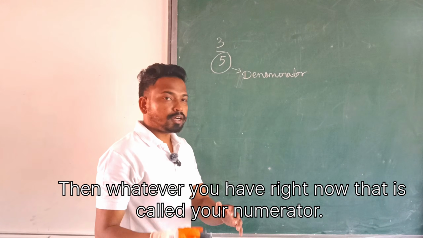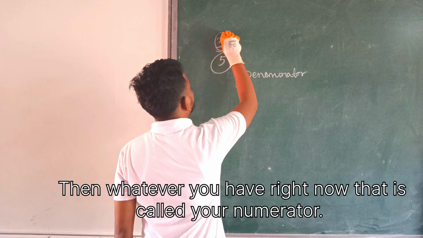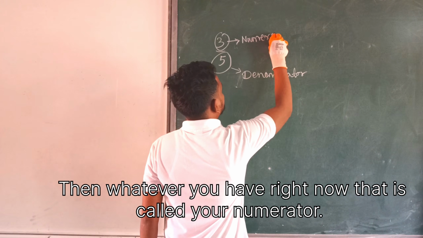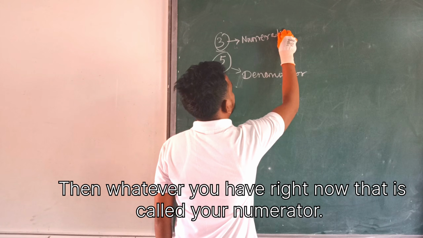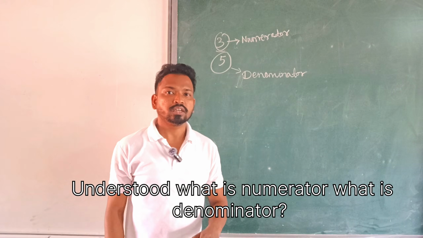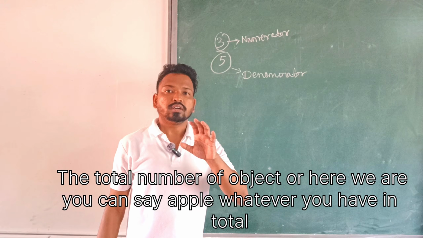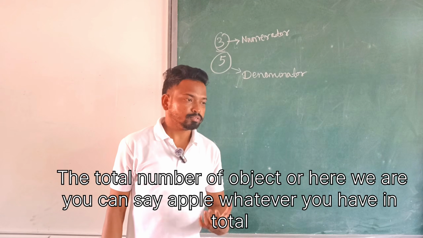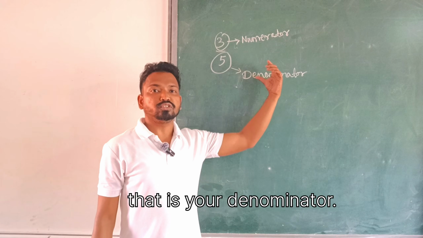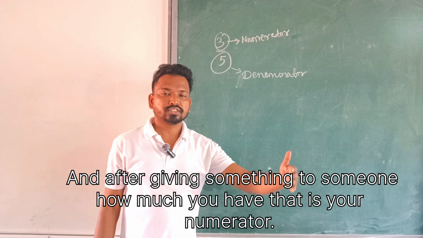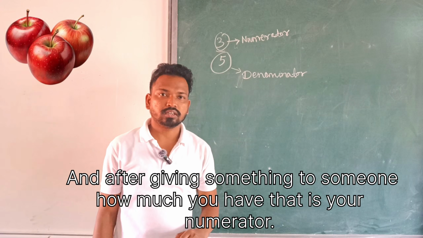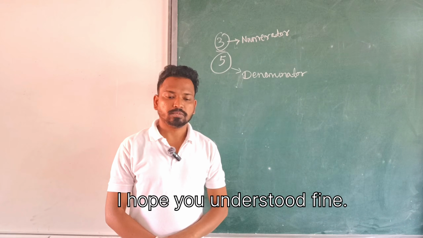Then whatever you have right now, that is called your numerator. Understood? What is numerator, what is denominator? The total number of objects, here you can say apples, whatever you have in total, that is your denominator. And after giving something to someone, how much you have, that is your numerator. I hope you understood. Fine.